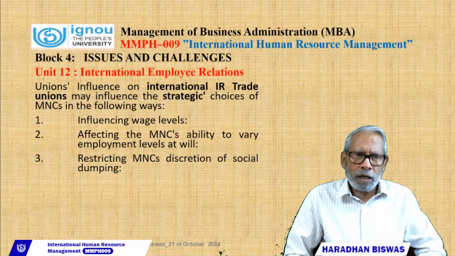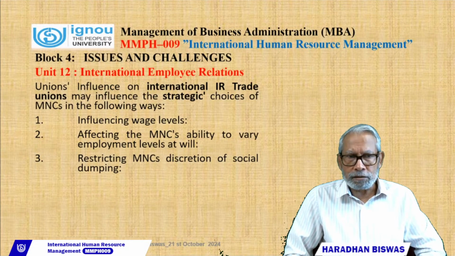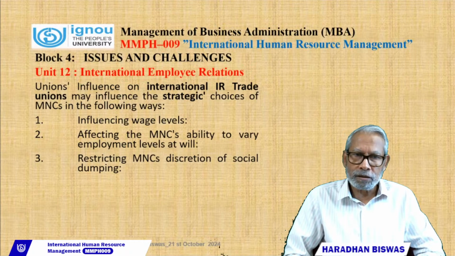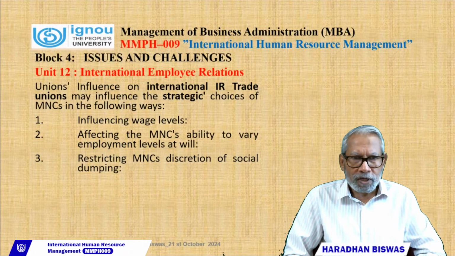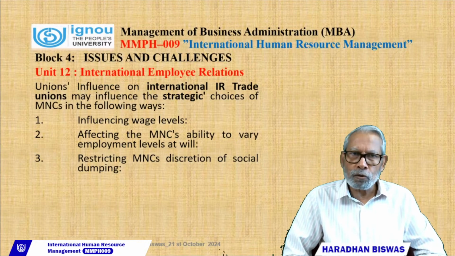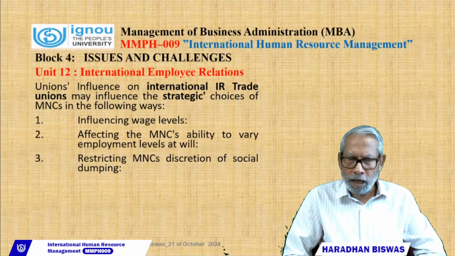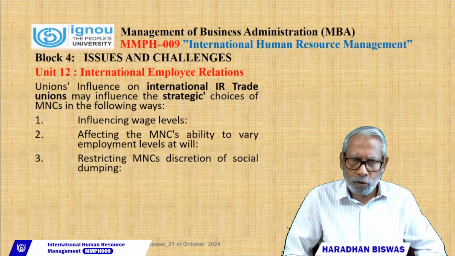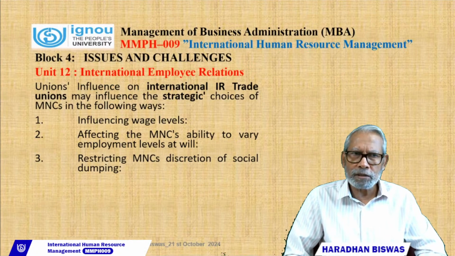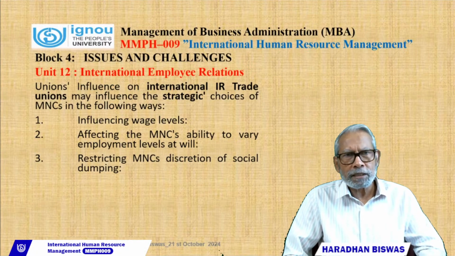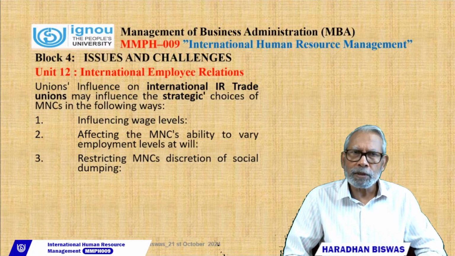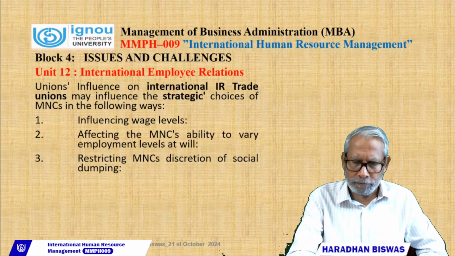It also restricts the multinational company's discretion over social dumping. Sometimes the policy a company wants to implement is hindered because of union restrictions, and they have to consider their benefits. All of these are the impact of international trade unions.